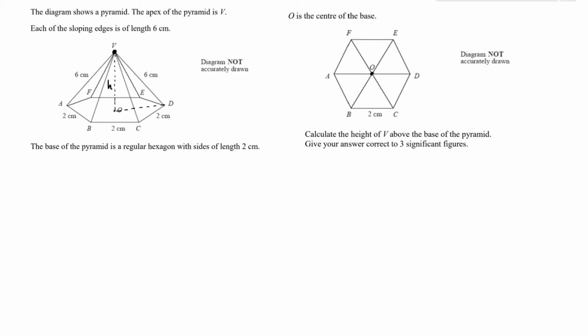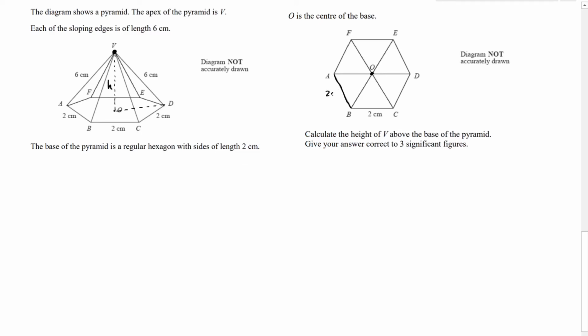And that's the idea that you need to be able to spot that these are equilateral triangles. They don't say this in the question, so it's quite difficult to tell. The way you can figure it out is to think, well, I know this side here, AB, is a side of length 2 centimeters.